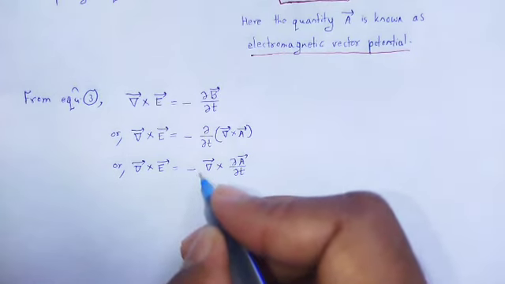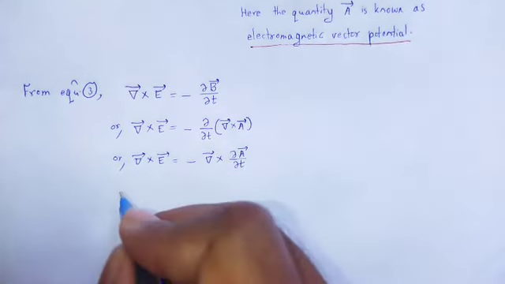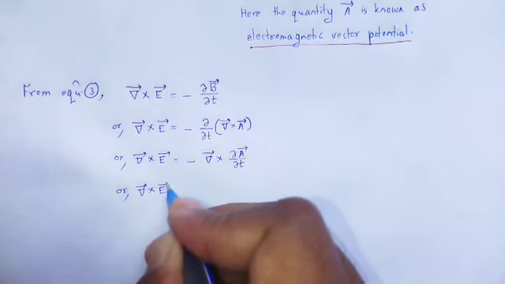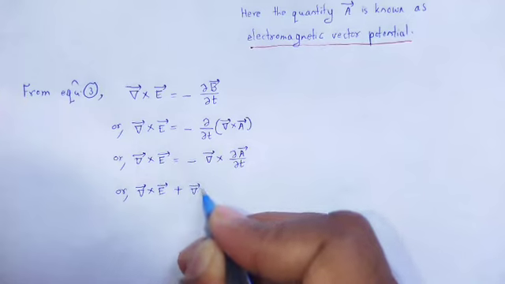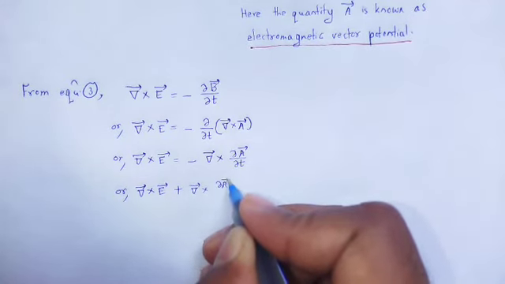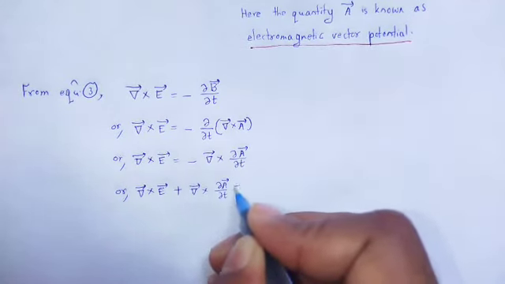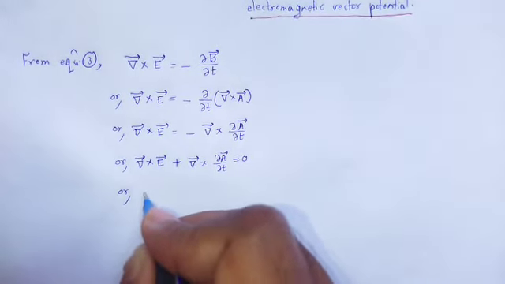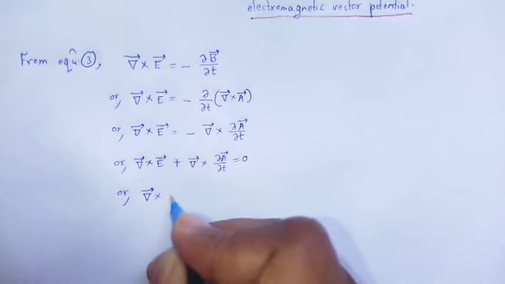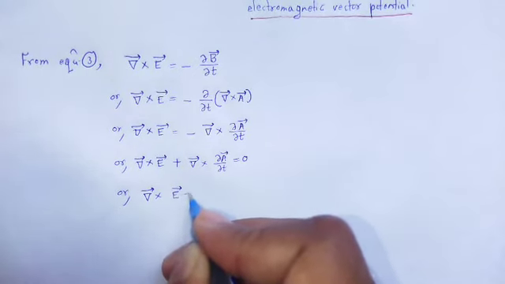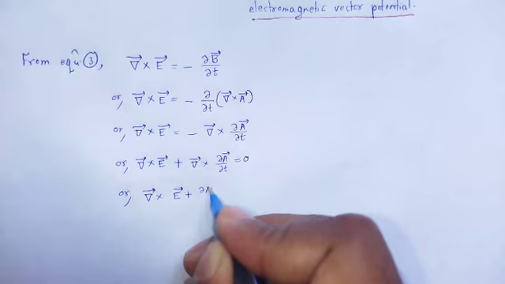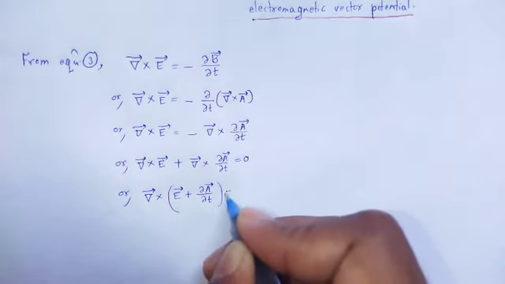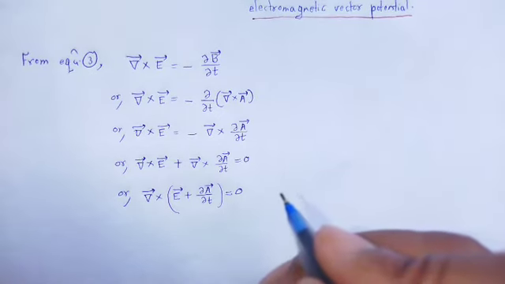Taking that term to this side, grad cross E plus grad cross del A by del t is equal to 0. Common term: grad cross (E plus del A by del t) is equal to 0.